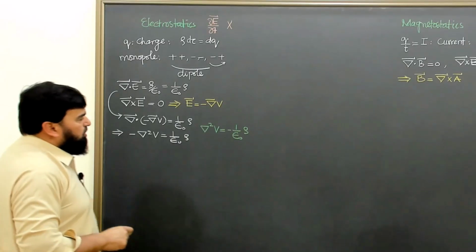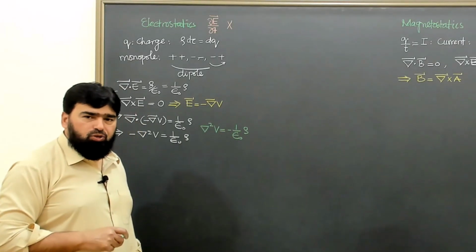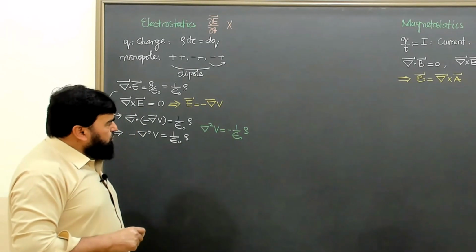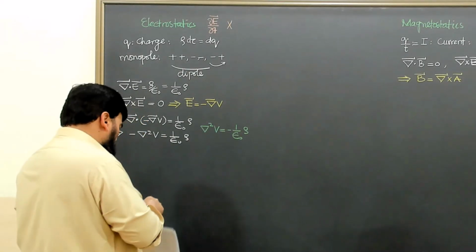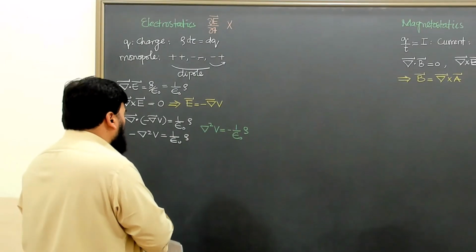And this we call the Poisson's equation: del square V equals minus 1 over epsilon naught rho.